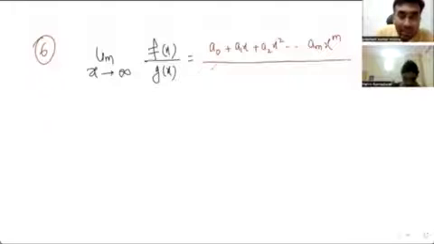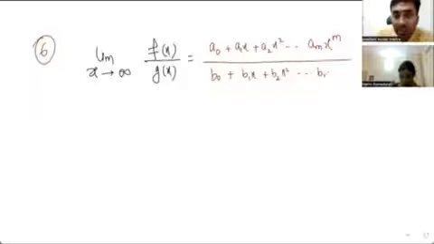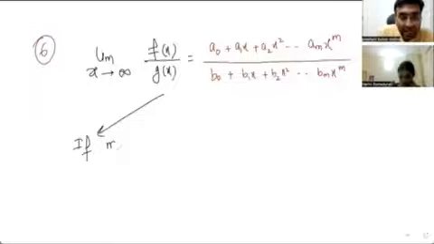Similarly, we have b0 plus b1x plus b2x squared, and so on, bmx raised to the power m. Now here we have 3 conditions. One is if the highest powers are equal, then the answer is am divided by bm.